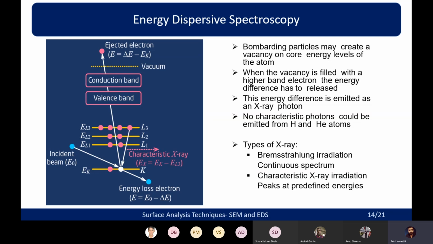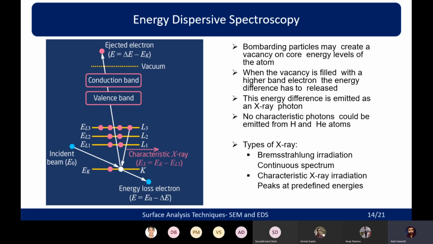In that case, it is not possible to get characteristic X-rays from hydrogen and helium. Even in the case of lithium, you get X-rays, but those X-rays are of very low energy, so it's very tough to analyze lithium also. Apart from these materials, EDX analysis gives an idea about the composition.